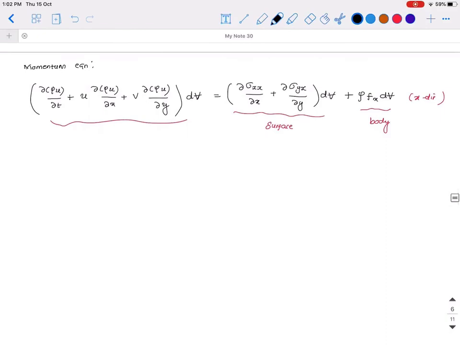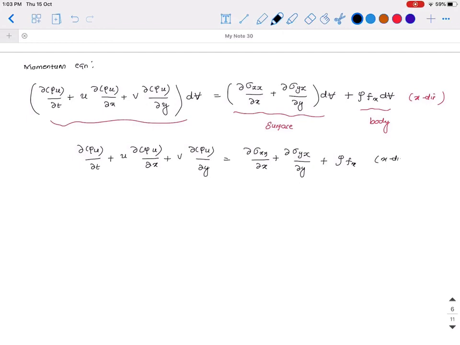Okay, so multiplying by dv we get dou of dou u by dou t is equal to plus rho times fx. Okay, so this is the momentum equation in x direction.